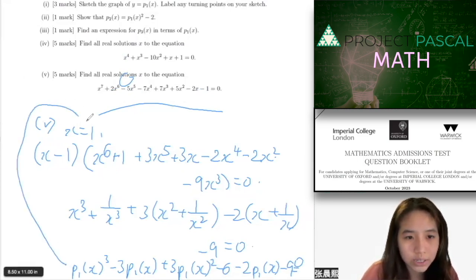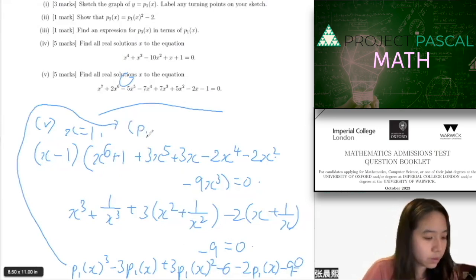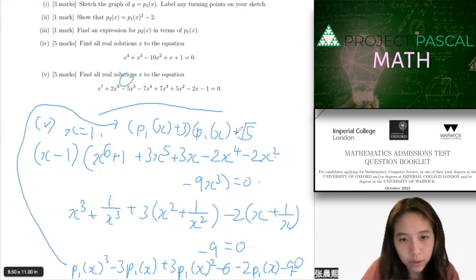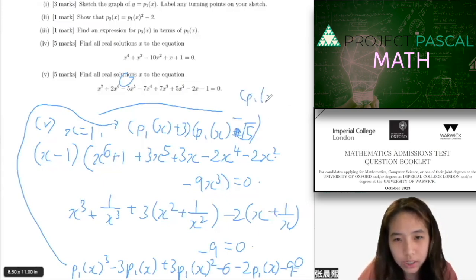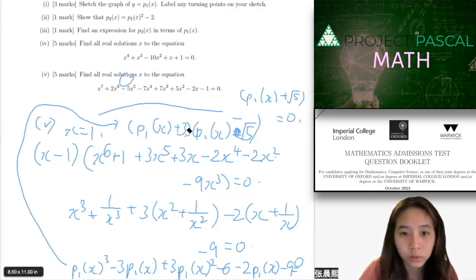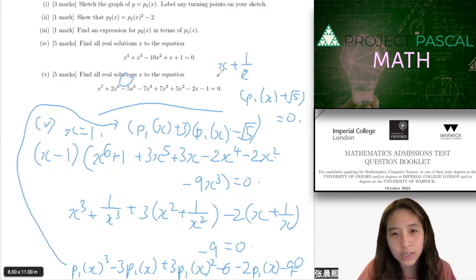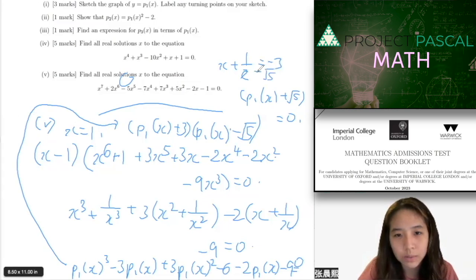You try factorizing this and you get p1x plus 3 and p1x minus root 5, p1x plus root 5 equals 0. So you look at everything again and you realize that it's asking you to find what x is when x plus 1 over x equals negative 3 or plus minus root 5.